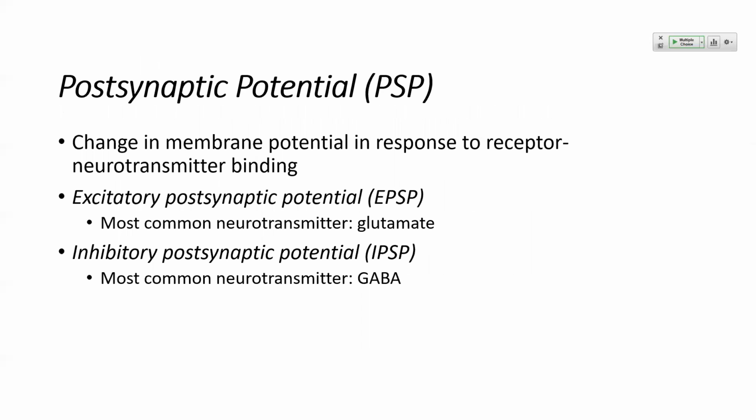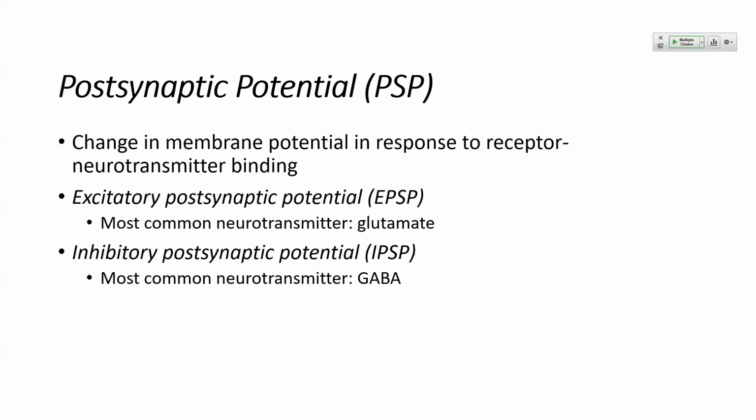So based upon those directions of change of the membrane potential, we have EPSPs and IPSPs. Now we can talk about some different neurotransmitters that are associated with these types of membrane potential change. So EPSPs are often associated with glutamate as the neurotransmitter. And another way to think of this is that if glutamate is the neurotransmitter at the synapse, I will likely open a sodium or a calcium channel or close a potassium or chloride channel, okay?